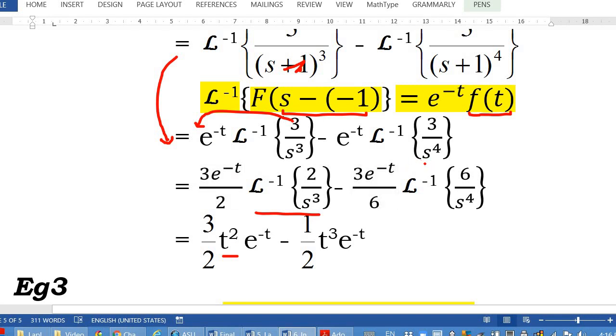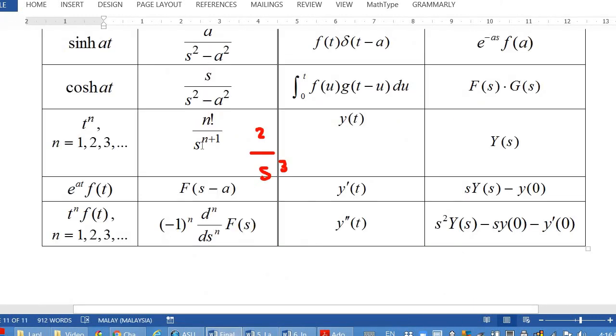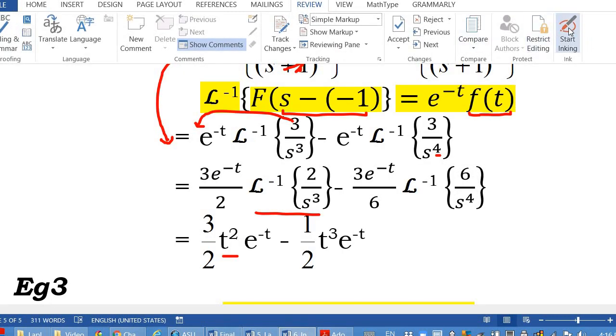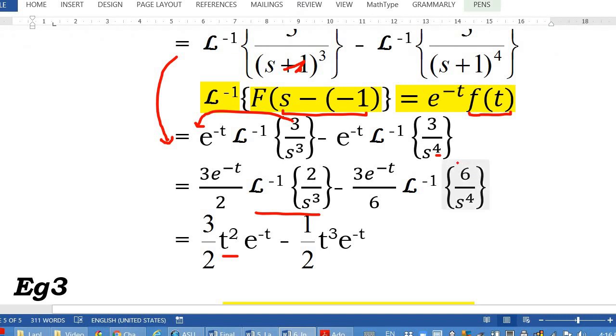For the second term, when you see s to the power 4, the n is 3, so you must have 3 factorial, which is 6.